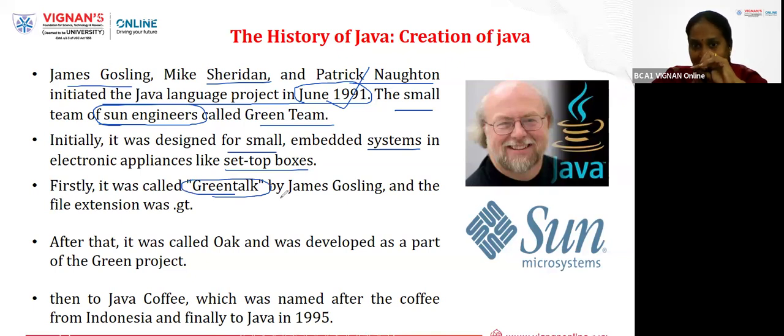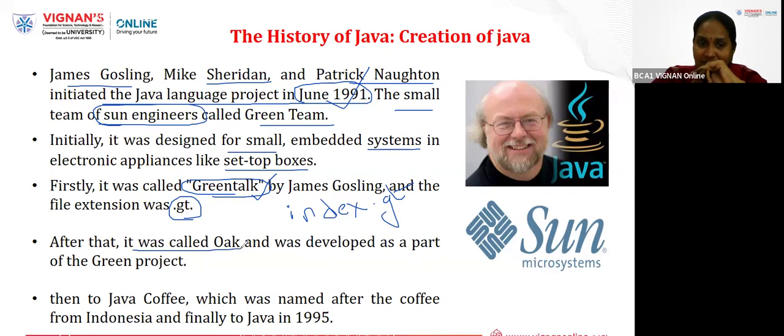Firstly, it was called Green Talk. Initially, the name was not Java. Initially, it was called Green Talk, and the program file was represented with the extension .gt. Suppose, for example, if we developed an application called index, we would represent it as index.gt.